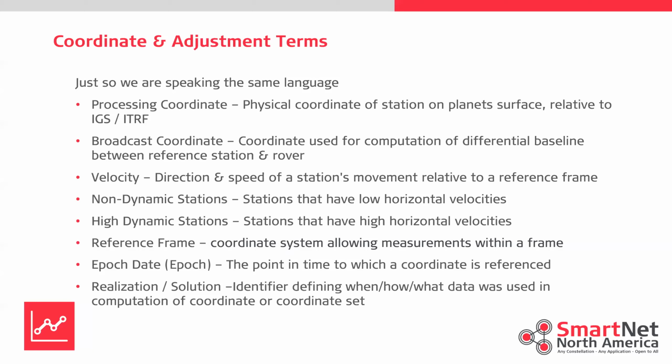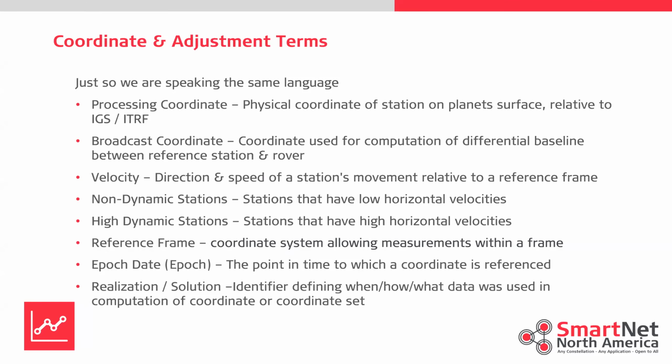It's a little bit more confusing now because for some of the things we're going to be talking about today, the arbiter of the reference frame didn't actually put a realization tag or a solution tag on it to differentiate it from the old one. We're going to define that so that when we talk about it, it's not confusing. But even in Canada, it can get a little bit lost because of version 6, version 7, version 7.1, and we're going to talk about that in a little more detail in a second.